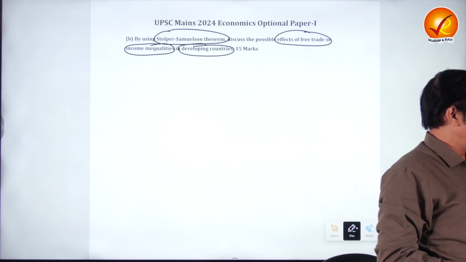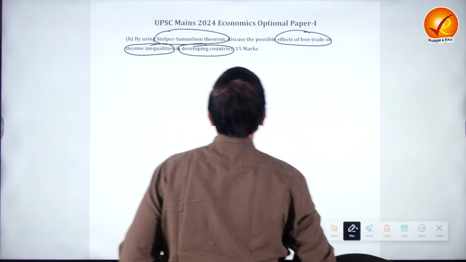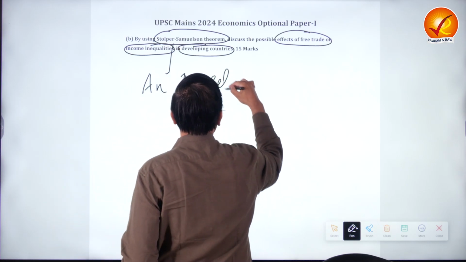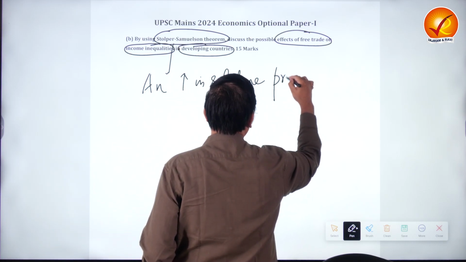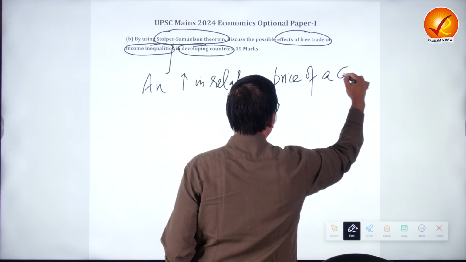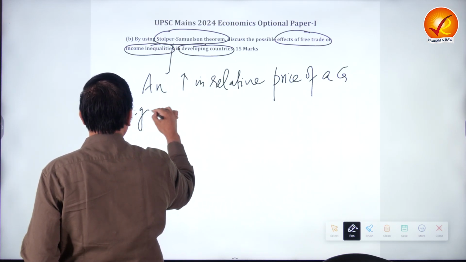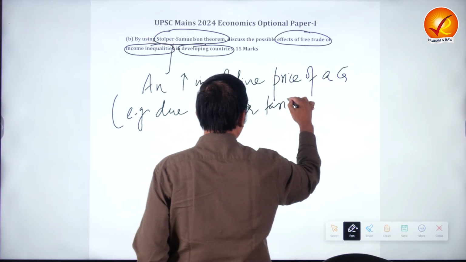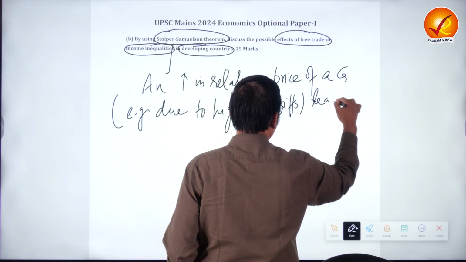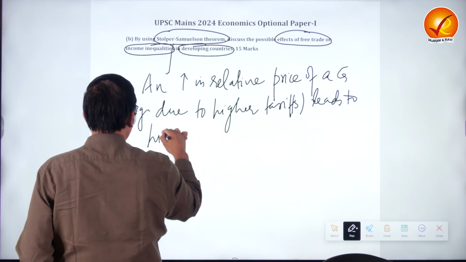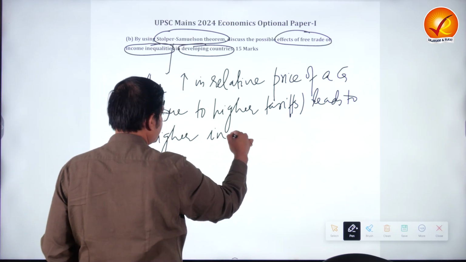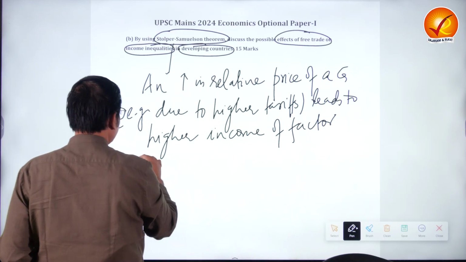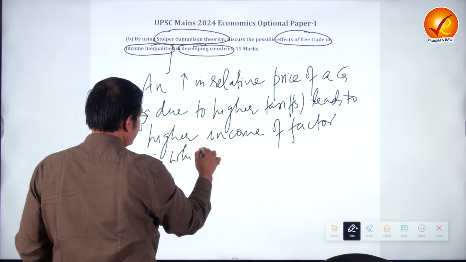For example, it says that an increase in the relative price of a good, for example due to higher tariffs, leads to higher income of the factor in which the good is intensive.